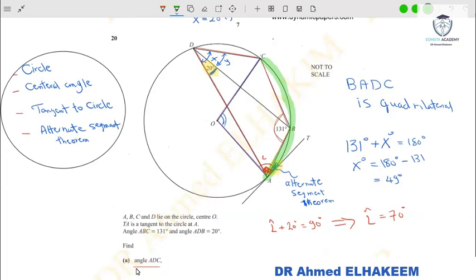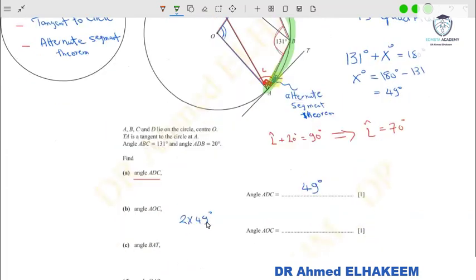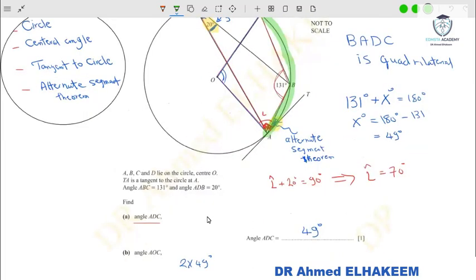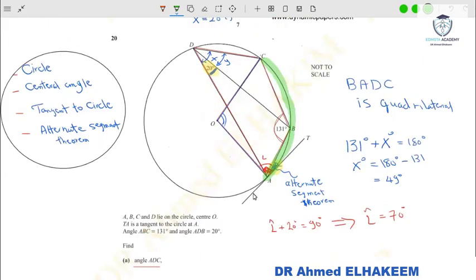But this is a central angle. So this central angle is double of x that we have found, which was 49. So it is 2 times 49. I think it's clear now. Okay. Third one was to find the angle PAT.